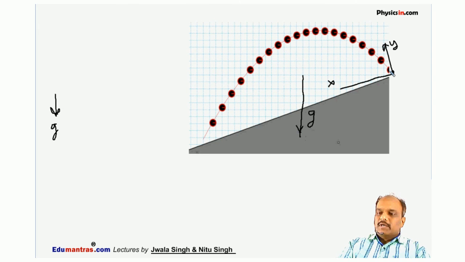This particle is projected with some speed v0. It goes like this and strikes the inclined plane at some distance.